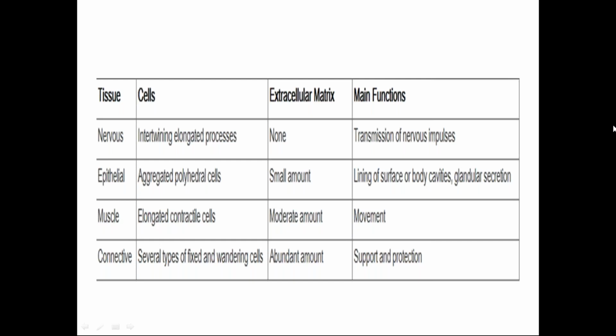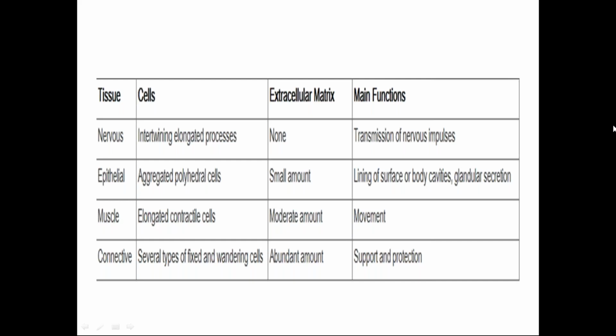Here, as a whole, the 4 basic tissues, main extracellular matrix, cell, and the main functions are shown in my slide, and all are taken from the textbook. And in the epithelial tissue here, cells are polyhedral and they are connected with each other, and this connection is done by cellular substance, and this is a very small amount.